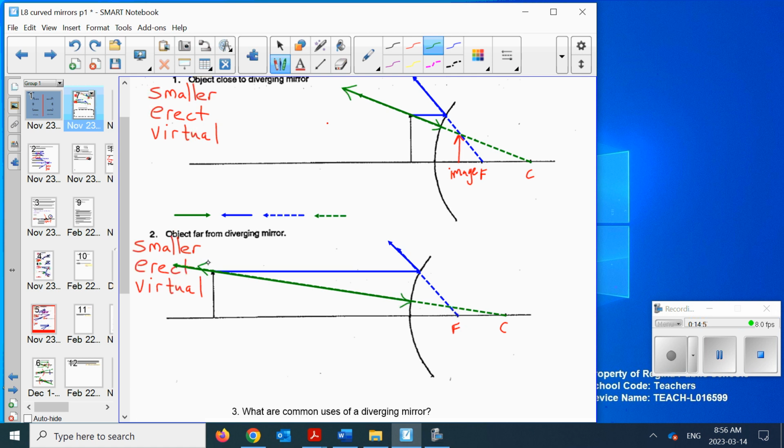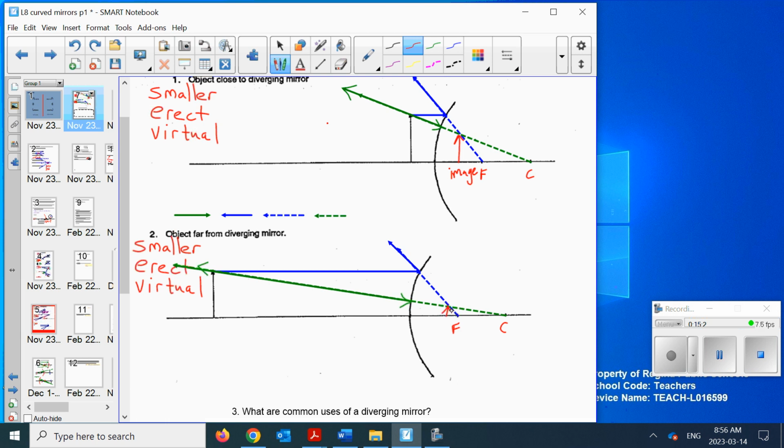So you see where the crisscross is? That makes sense. Okay, so it's the same thing, you just get it super small.